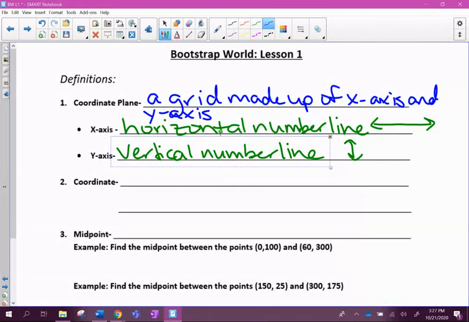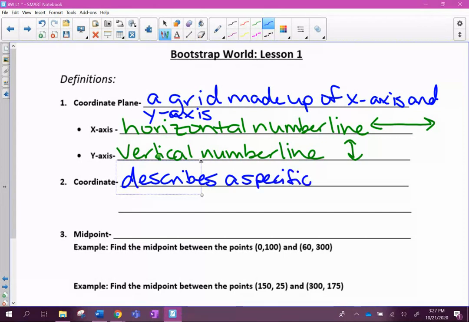The second thing here is a coordinate, and a coordinate describes a specific location on the coordinate plane.